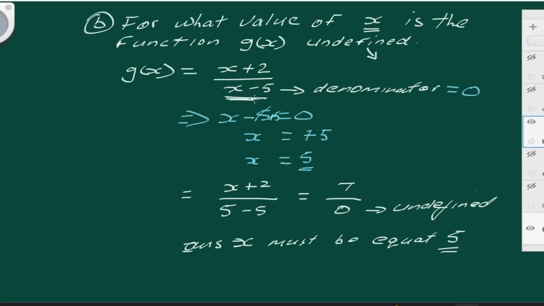And since this x minus 5 is the denominator, we set the denominator equal to 0 and solve for x. x is equal to positive 5, which means that when x is positive 5, the function is undefined, because 5 minus 5 will give you 0, and hence the function will become undefined.